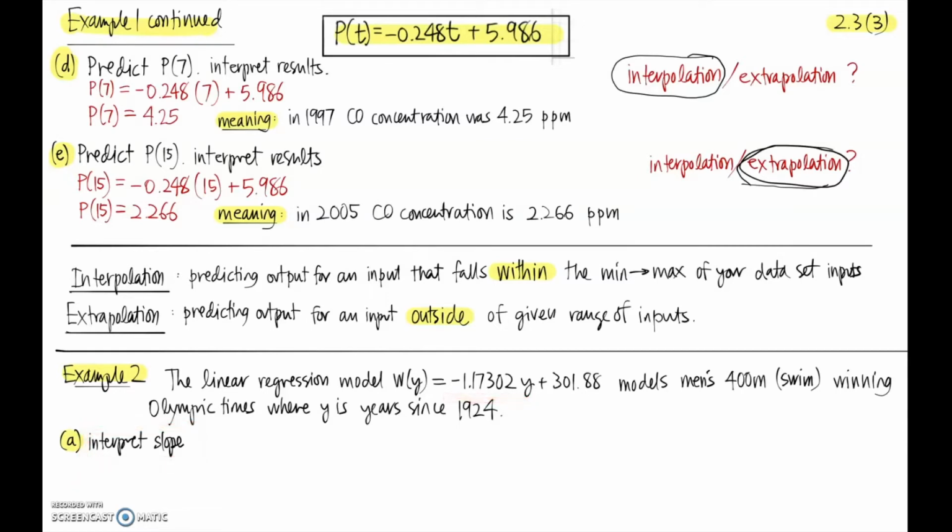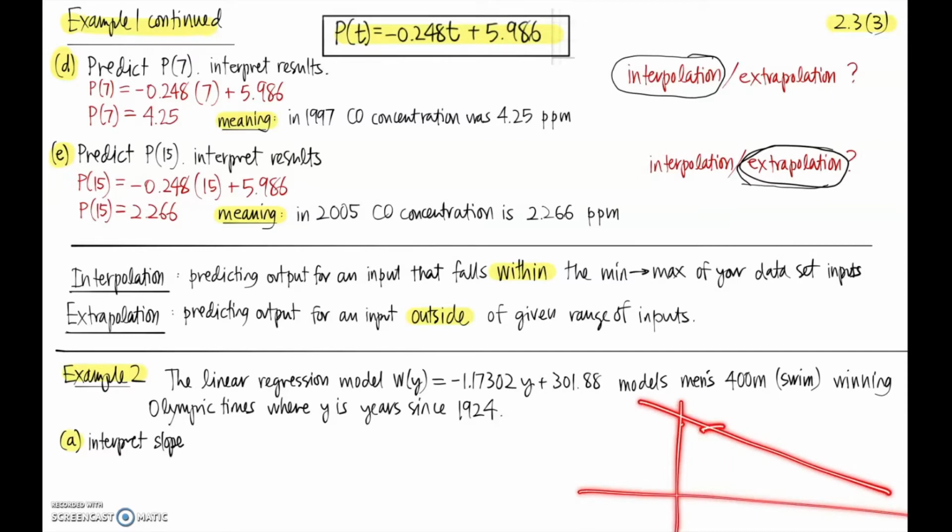So if we think of what's going on in this graph, the inputs are years and the outputs are winning times. So the slope says for every year forward I go, my winning time, the Y value, goes down 1.17, and we'll assume this is in seconds. This line looks something like this.